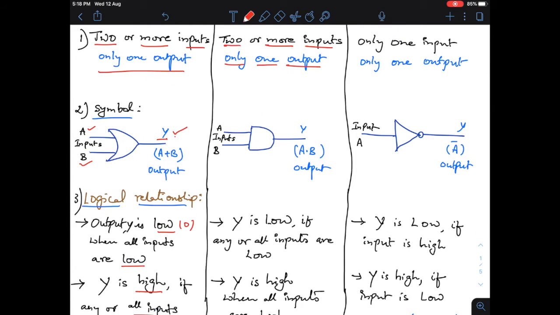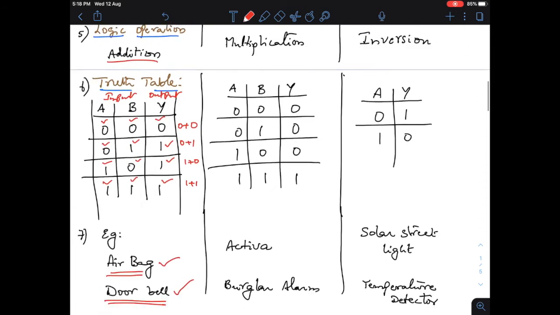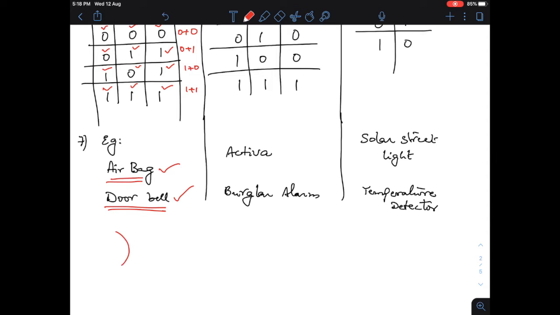Now in the OR gate symbol, you have a circular, curved path. But here, how to draw that? Let's see how to draw this. So like this. This is how you will draw. For this one, you will draw a line and this will be like this.